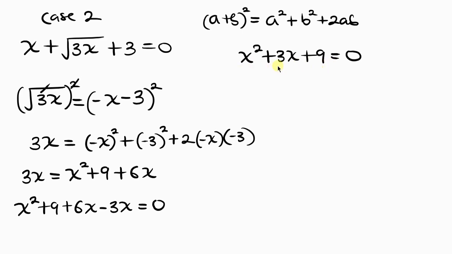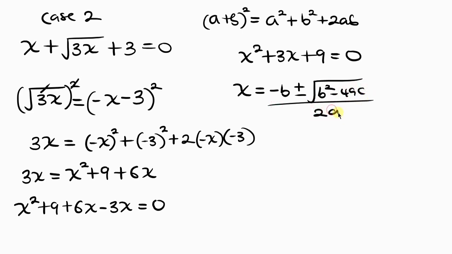Now for this quadratic equation, it cannot be factorized. And because of that, we're going to be applying the quadratic formula in solving this question. So x for the quadratic formula is equal to negative b plus or minus the square root of b squared minus 4ac all over 2a.